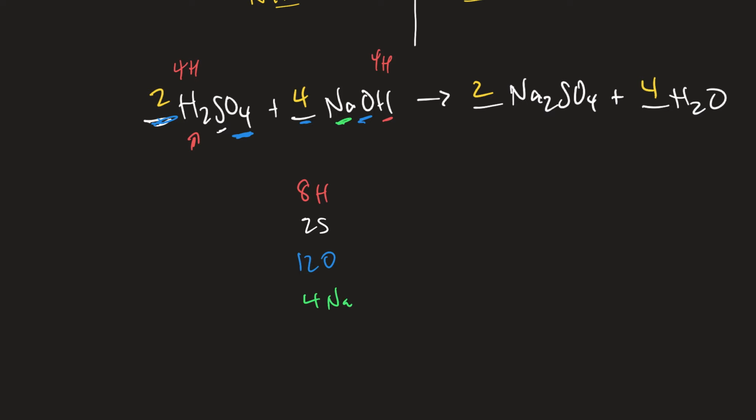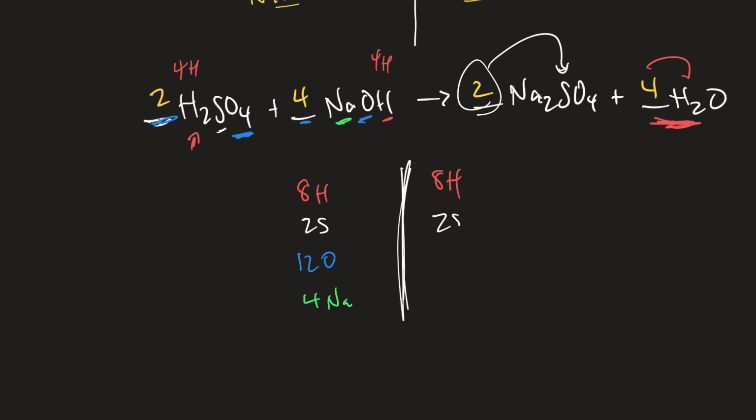Okay. So now let's go ahead and look at the other side of the reaction, our products. So how many hydrogens do we have? Well, on this side, I have 8 hydrogens. How many sulfurs do I have? Well, let's look at this sulfur here. I have 2 sulfurs. How many oxygens do I have?